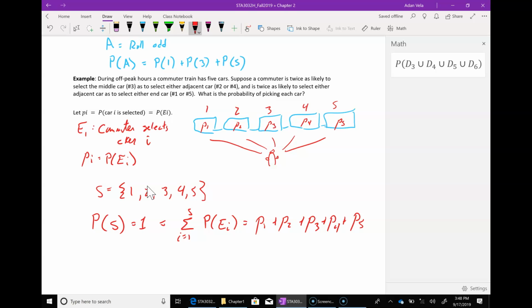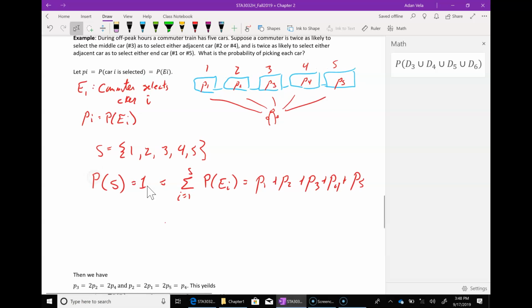Right. Now in the problem, we have some sort of idea of how likely the commuter is to select any given car relative to another car. It says the commuter is twice as likely to select the middle car as cars 2 and 4.